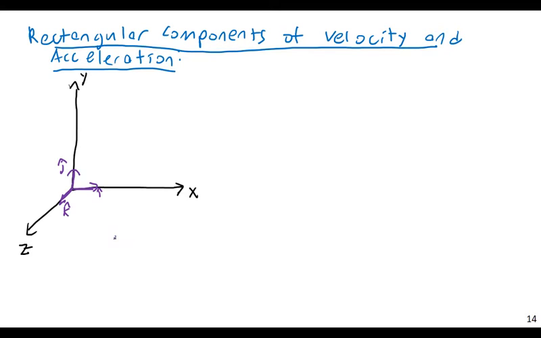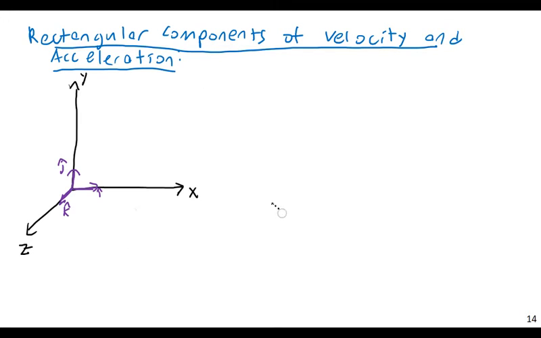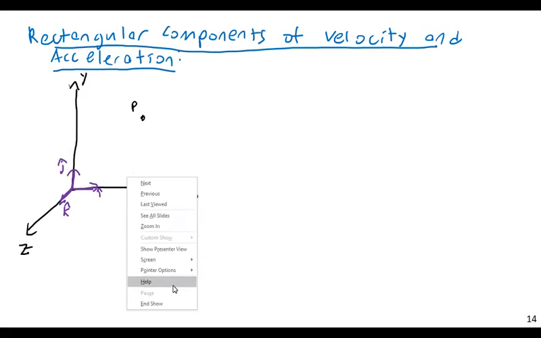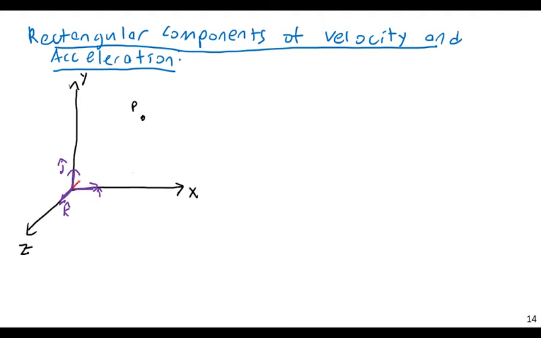And then if I have a position, well, let's think about this. Let us first look at velocity. So I'm going to have a particle at some position P, and I know that it's going to have vector r to that point.